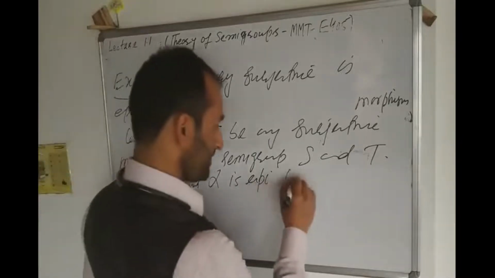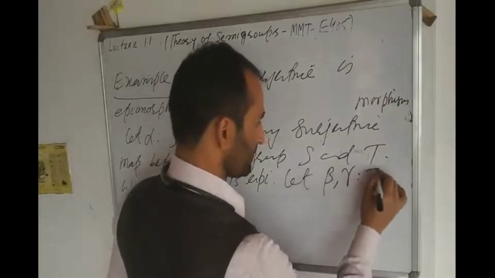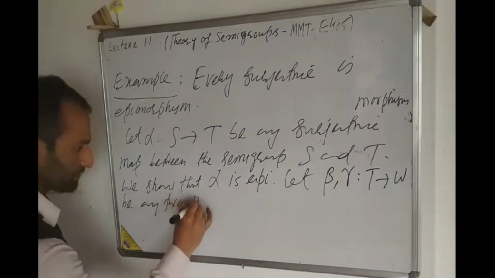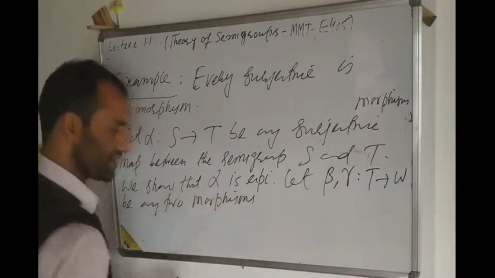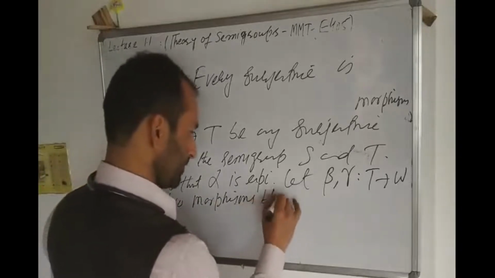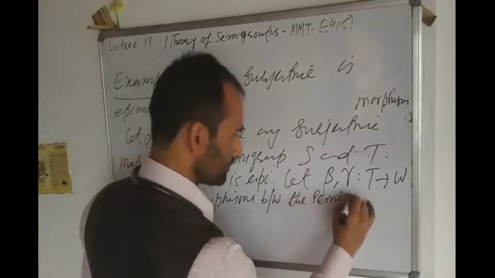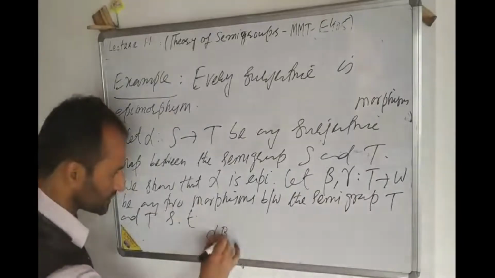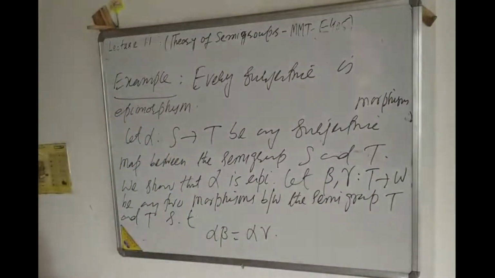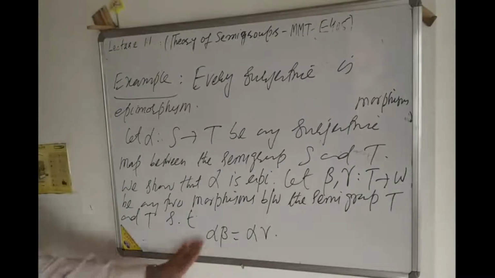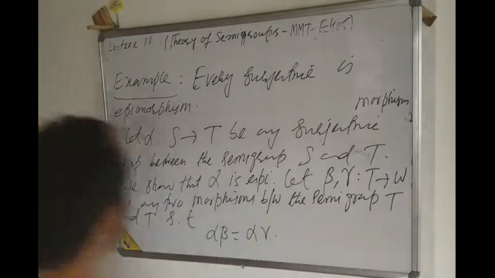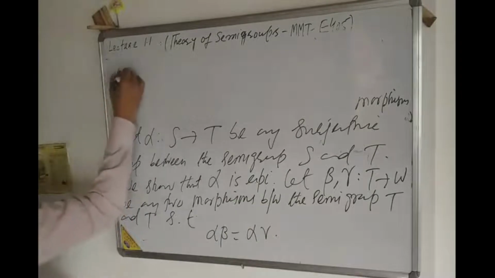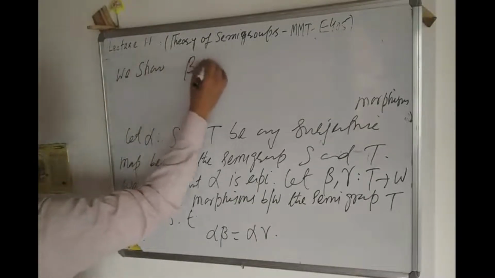So let's take any two morphisms beta and gamma from T to W, any two morphisms between the semigroups T and W, such that alpha beta is equal to alpha gamma. We show that beta is equal to gamma.